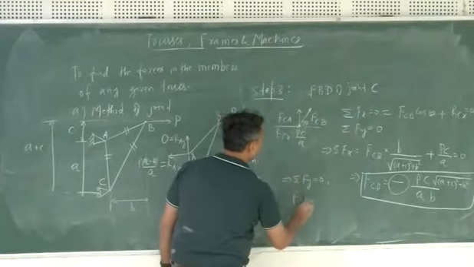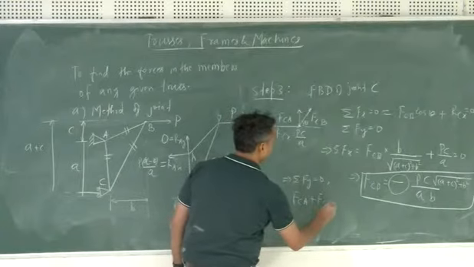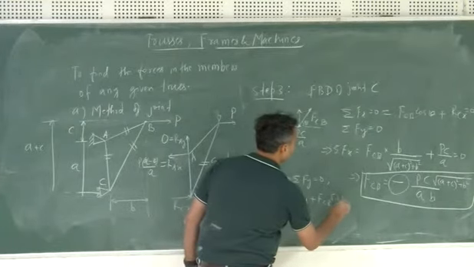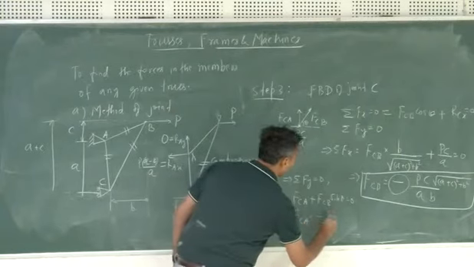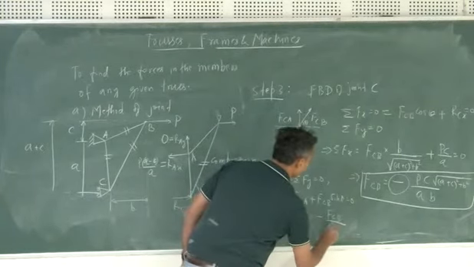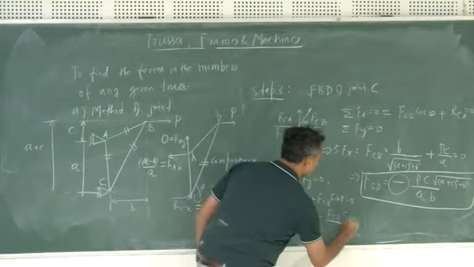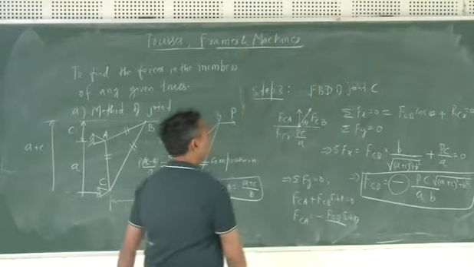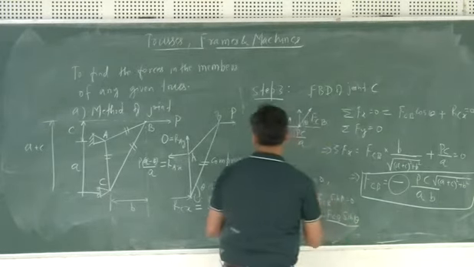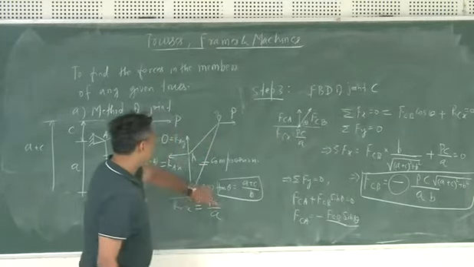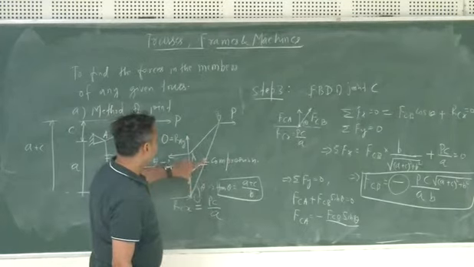So you have FCA plus FCB sine theta equals to 0, and FCA will be given by, okay, so sine theta over here is nothing but this divided by this.